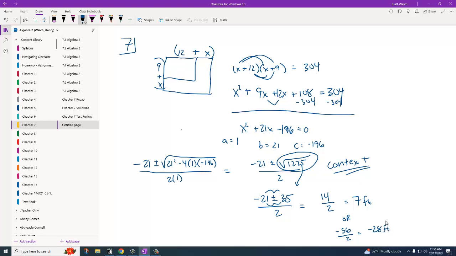Under no circumstances should it make sense to say let's minus 28 feet. So the context tells me that negative 28 feet doesn't make sense, but it is mathematically true and valid. But what makes sense is for me to say let's add 7 feet to both measurements and we'll get the 304 square feet we're looking for.